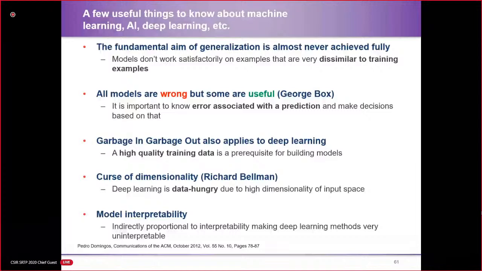But it is not always true that you will achieve this generalization. If your new examples are strikingly dissimilar to your training set, then you have a problem. Your predictions will not be right. This is a famous saying by George Box that all models are wrong, but some are useful. What does it mean? We can always say, oh, your model is wrong because it does work only 70% of the time.